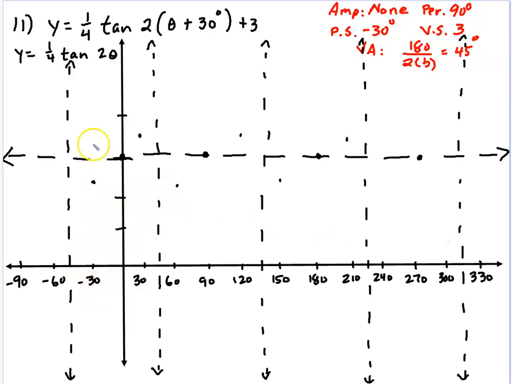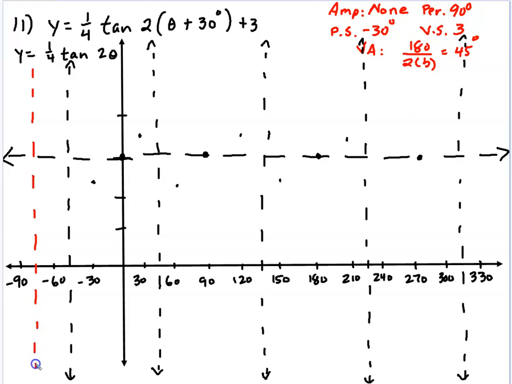So all our vertical asymptotes are going to shift 30 degrees to the left. Okay, so this is basically 45, negative 45. So I'm just going to bring it over. So the red is going to be the official.